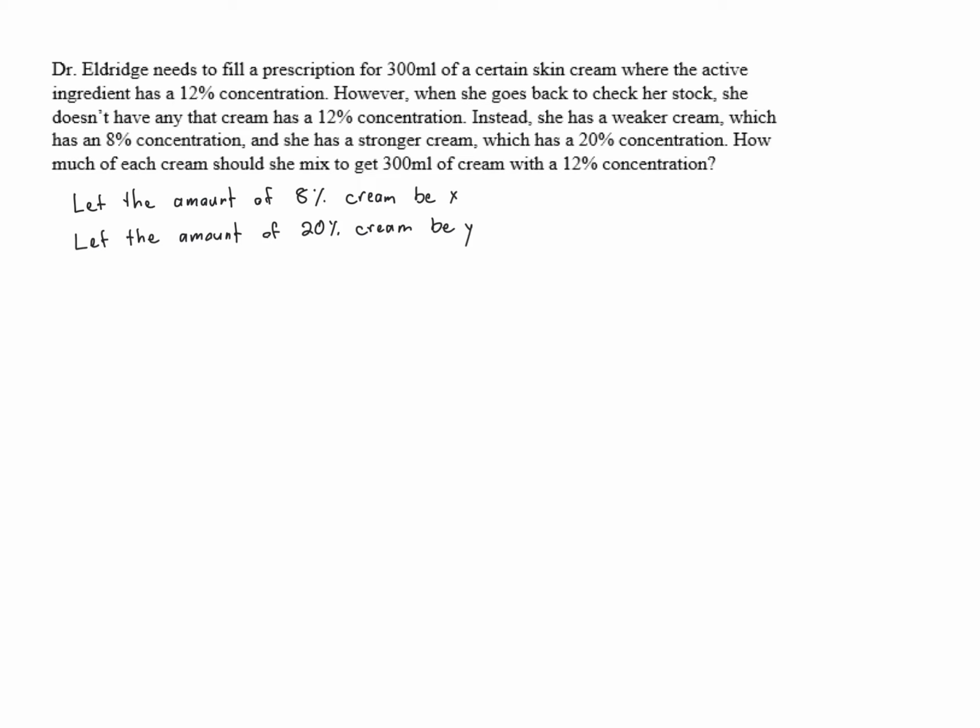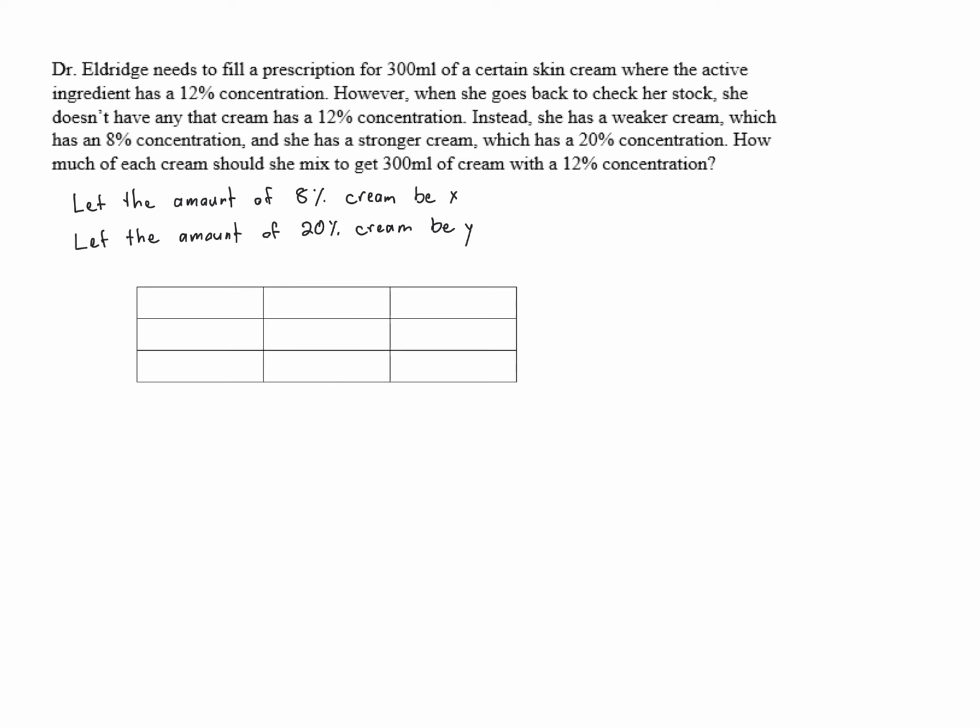Next, we need to make a table to organize our information. What relationship will we use to set up the labels for our table? The relationship is solution times concentration equals ingredient. Great. Now on the left-hand side, we need to label the 3 rows.